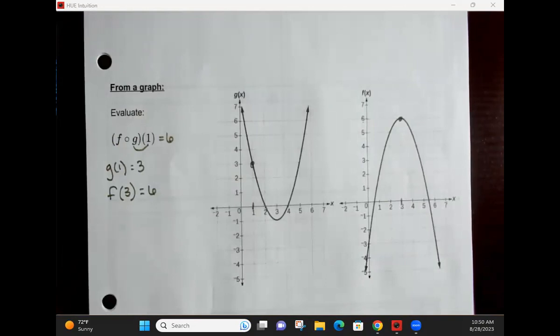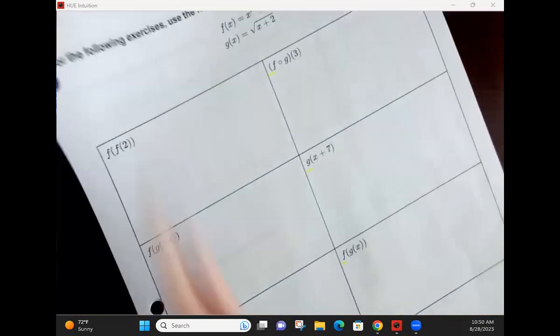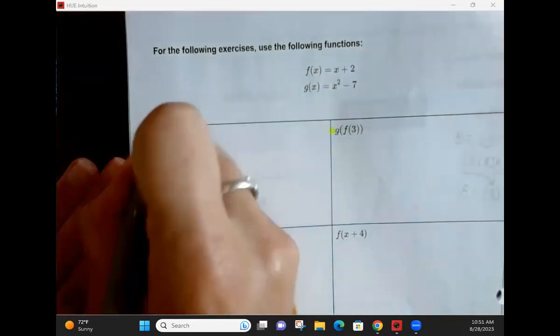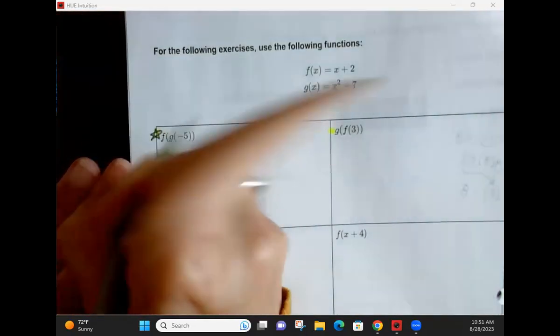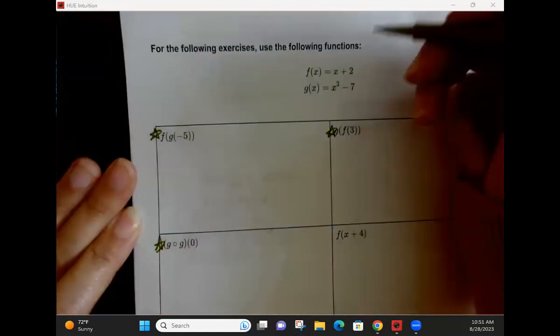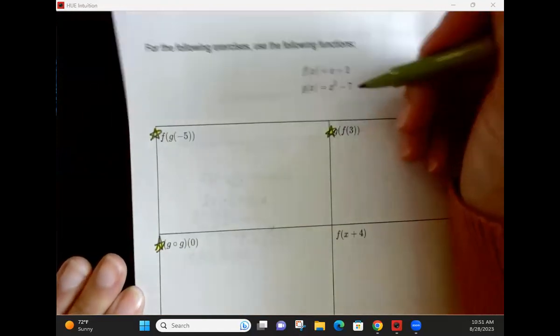Okay. On the next page, I want you to start with a few more problems similar to what we looked at last time. So we're on page 31 for our packet this time. I want you to look at these first 3 problems, 1, 2, and 3. You have 2 new functions defined up at the top, f of x and g of x.